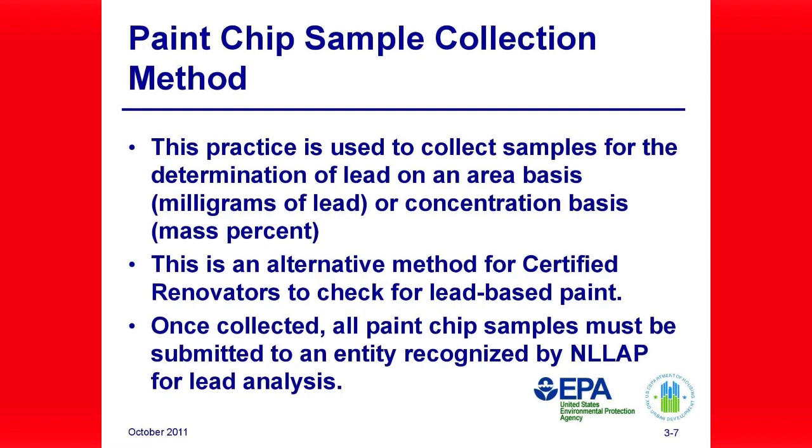Paint chip analysis results of lead greater than or equal to 1.0 milligrams per square centimeter or 0.5% by weight indicates a surface containing lead-based paint. A paint chip analysis result less than 1.0 milligrams per square centimeter or 0.5% by weight will mean that lead-safe work practices are not required.